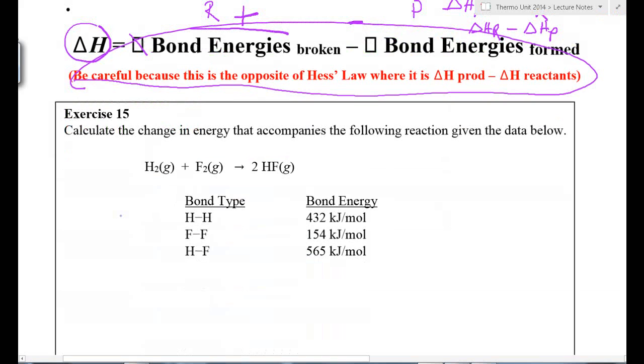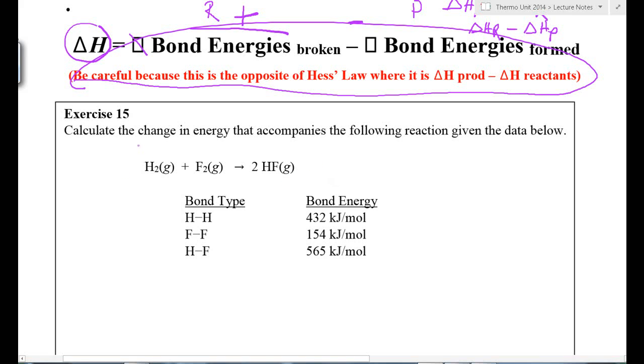Okay, so the first thing you need to do is get clear about what you're doing. Now, there's two ways to do this. This is a pretty simple one, but you can either just look at what bonds have to be broken and what bonds have to be formed, or what I think is easier, typically, is you look at all of the bonds associated with your reactant and all of the bonds associated with your products, and it's the energy associated with the reactants minus the energy associated with the product.